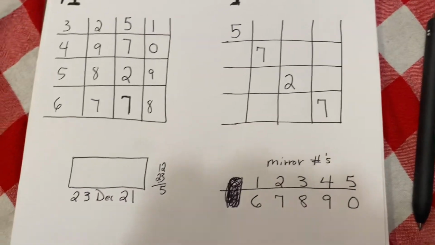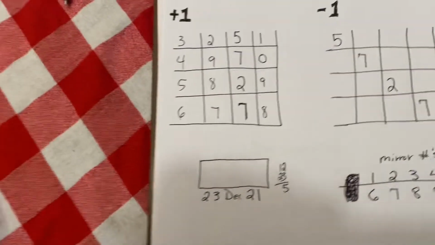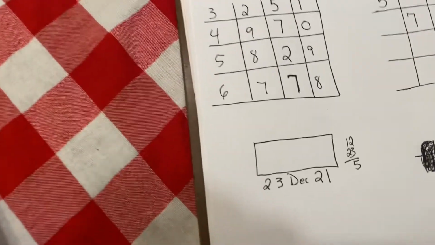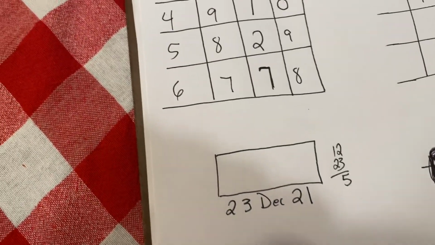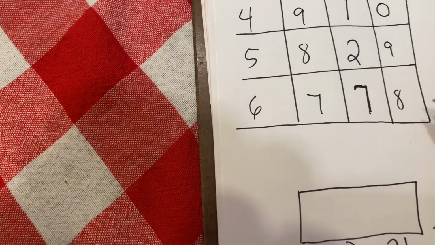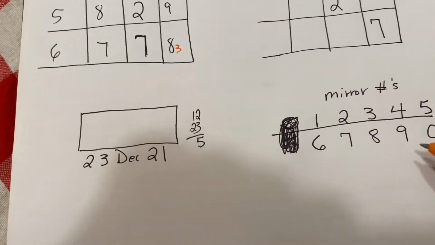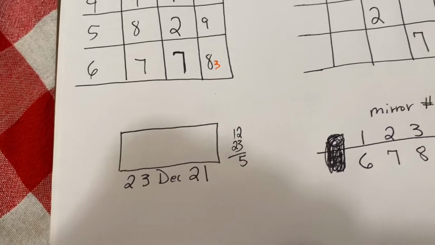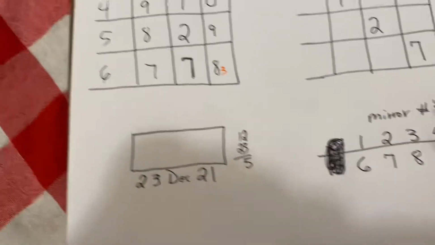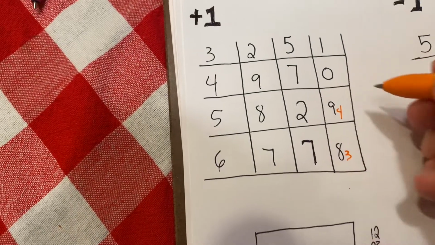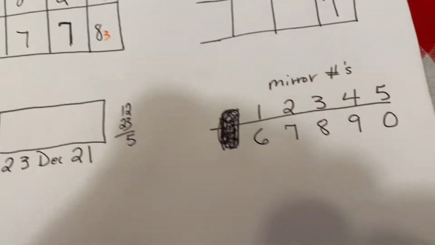So if you see how this works right here, you'll see that the 8 will be a 3. Okay, 9 will be a 4, you see right here. 0 will be a 5.